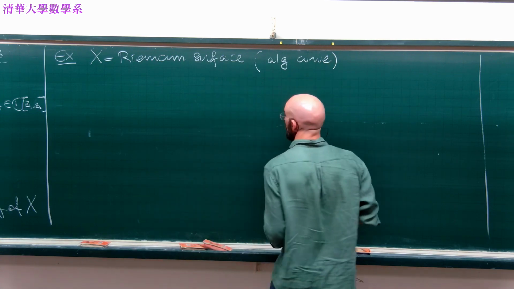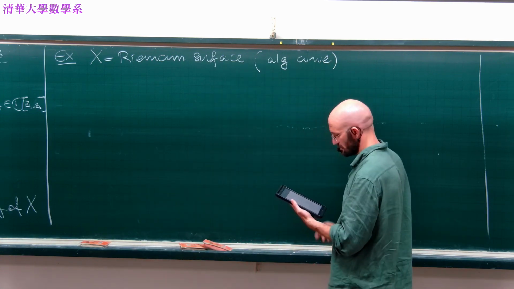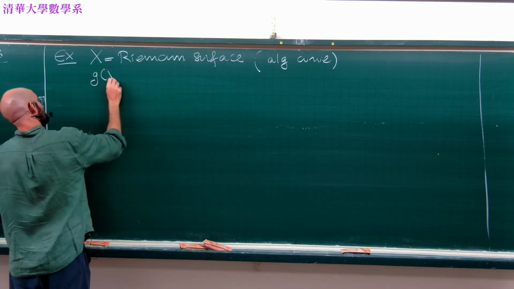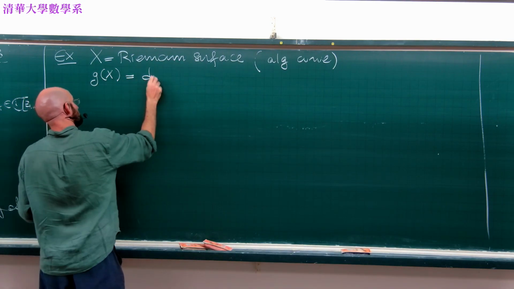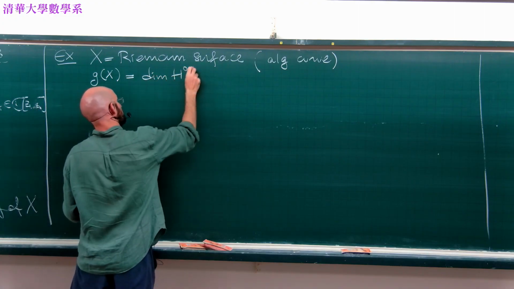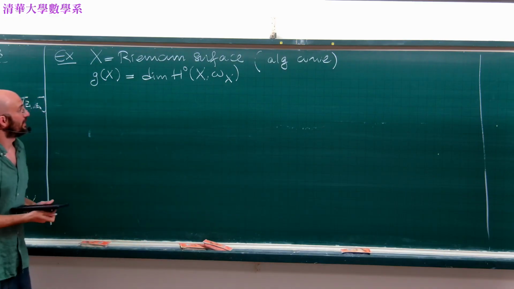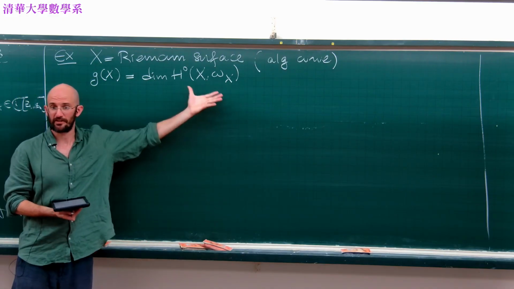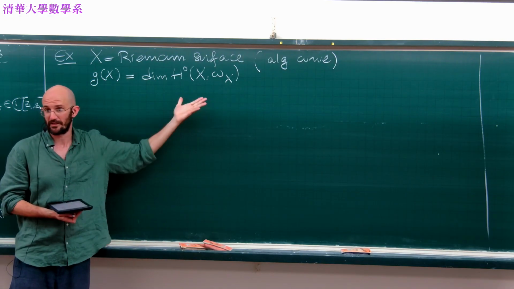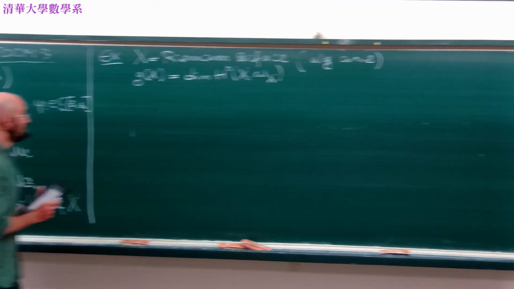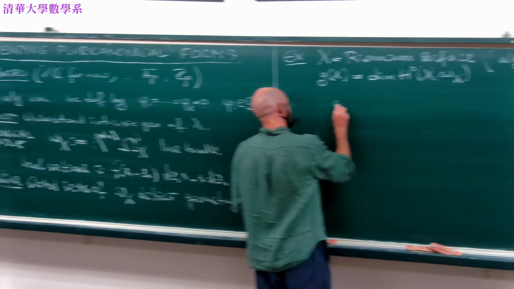If you've played around with these objects already, you know that the most important invariant is the genus, which is just defined as the dimension of the space of global sections of omega X. This is a finite dimensional vector space over the complex numbers, and its dimension is called the genus. When X is a curve, the genus sees a lot of the geometry of X. Let me draw a table for you.